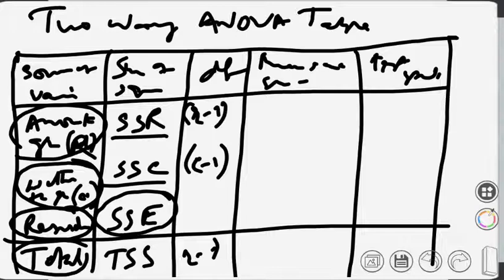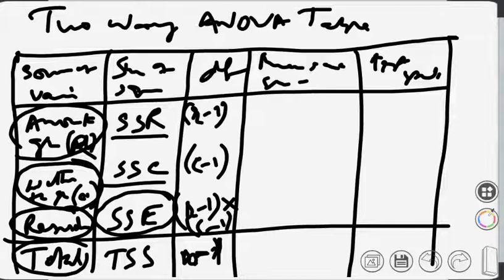Just a second. SSE is R minus 1 into C minus 1, and this is n minus 1. TSS total is always n minus 1.